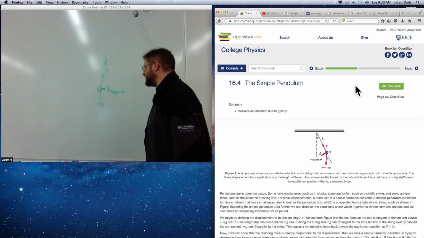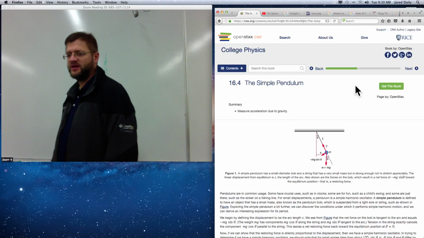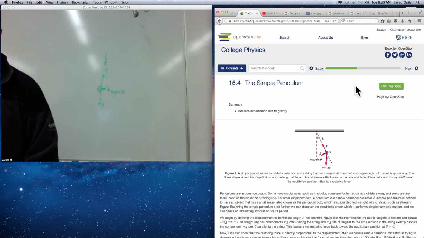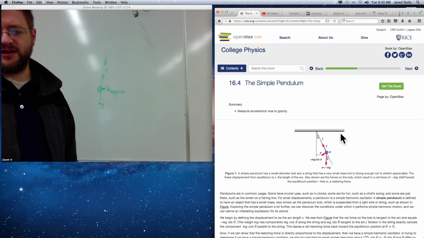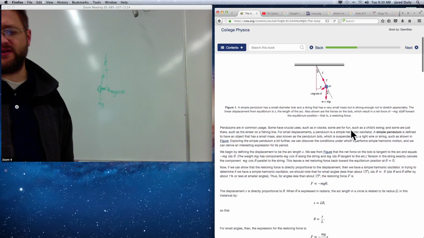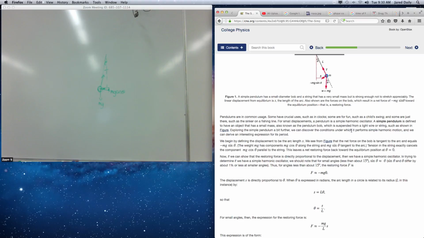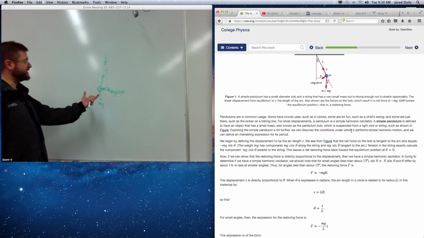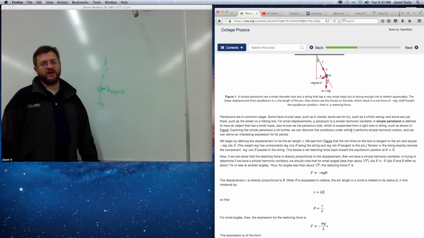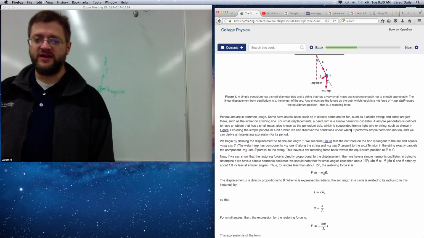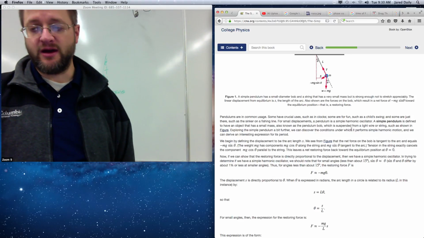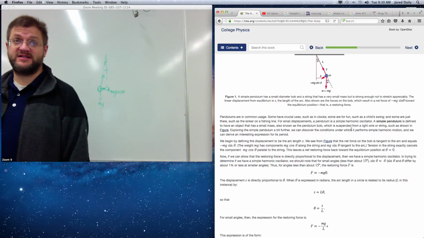We get two forces here actually. The point is that we get these forces here, and it turns out that angle theta is a very, very small angle because of the length of the arm, the length of the pendulum string compared to the length of the movement here. And as you get a very, very small angle, the sine of an angle that is very, very small ends up being about equal to the angle itself.